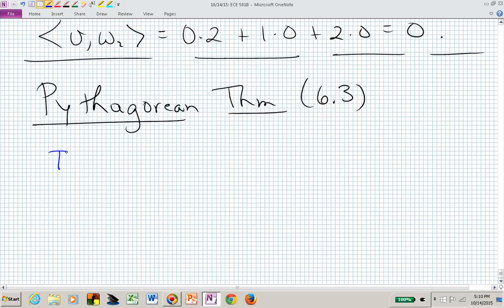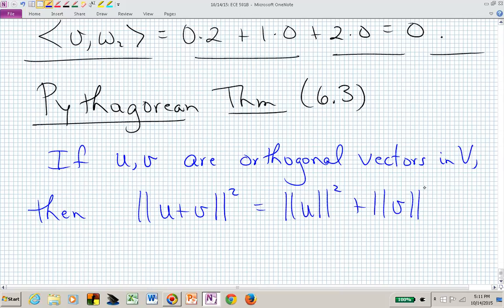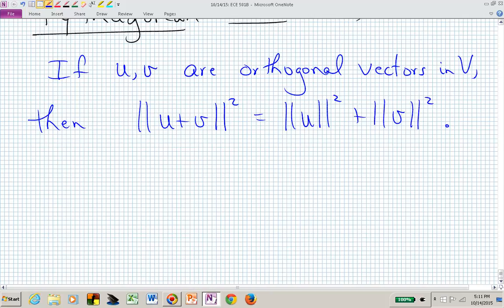If u and v are orthogonal vectors in our vector space V, then we can actually say that the norm of u plus v squared is now the norm of u squared plus the norm of v squared. So a squared plus b squared is equal to c squared.